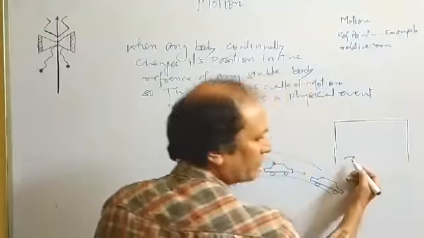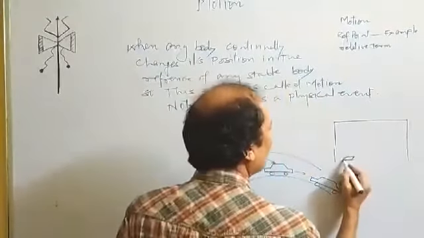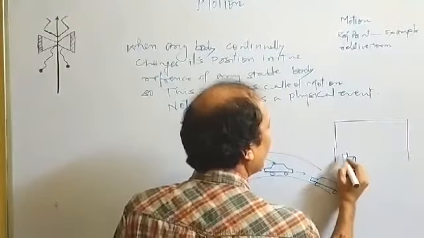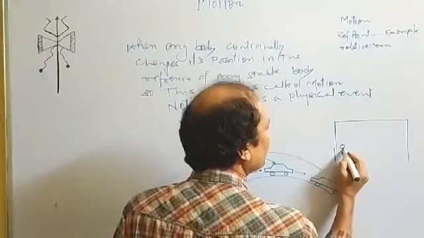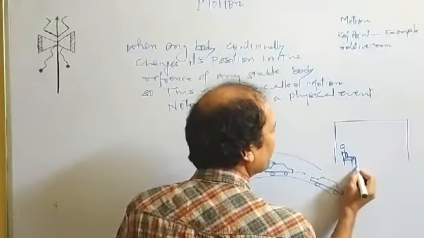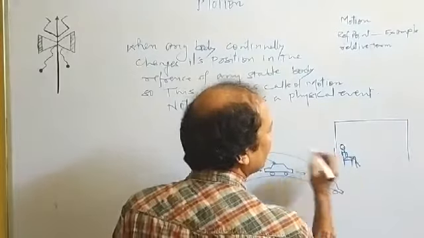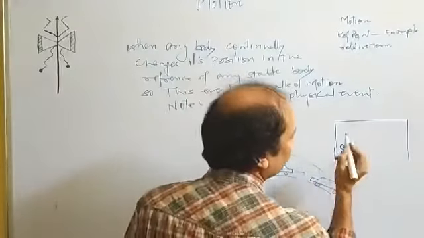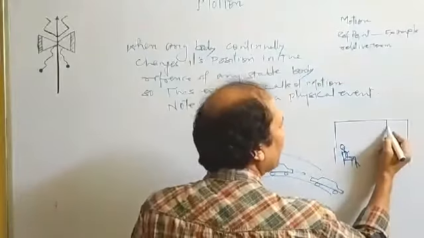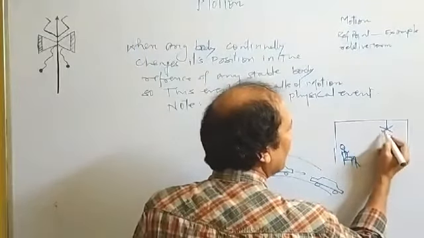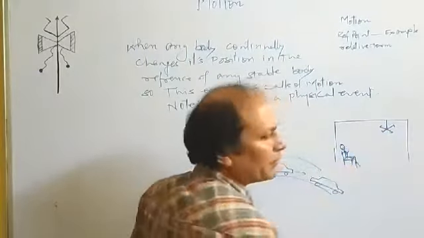Second example: suppose it is a room, and a person is sitting here, and here is a fan.